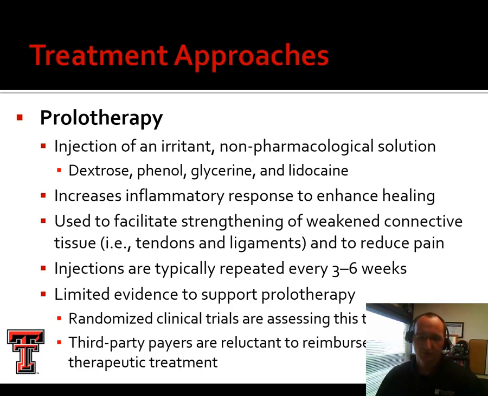This is used to strengthen weakened connective tissue, reduce pain. These injections are usually repeated, usually on the order of every 3 to 6 weeks. There's not a lot of evidence that tells us that this is terribly effective, and a lot of insurance companies won't pay for it. So if this is suggested, it might be worth doing a little research, or you could end up having to pay for it out of pocket.